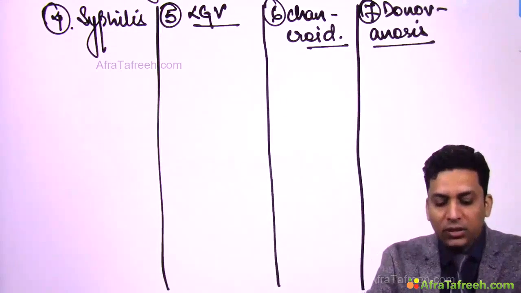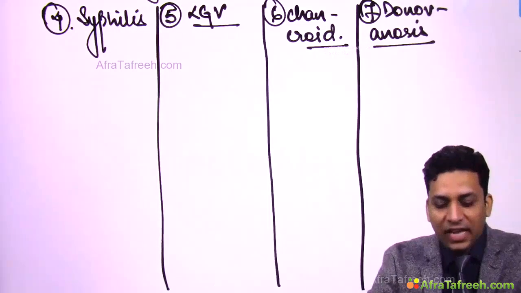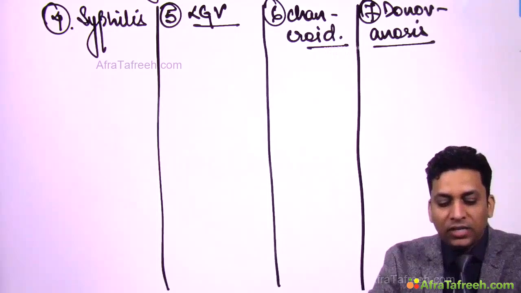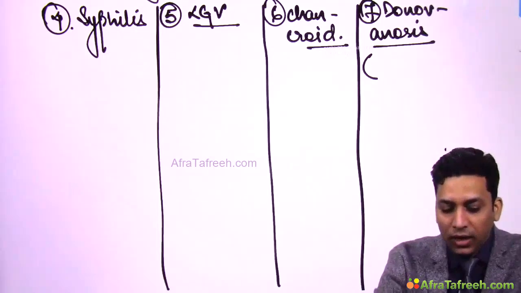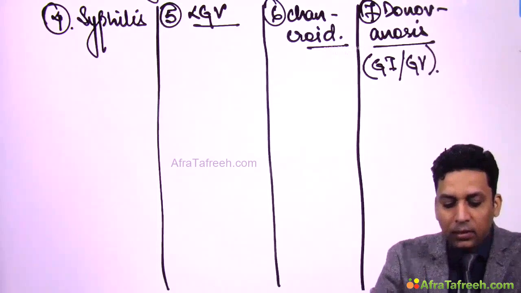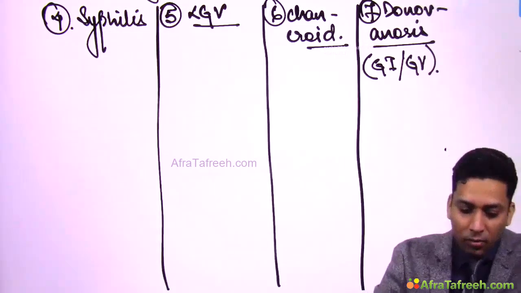Okay, so we are going to discuss these four conditions together. Donovanosis is also known as granuloma inguinale or granuloma venereum.